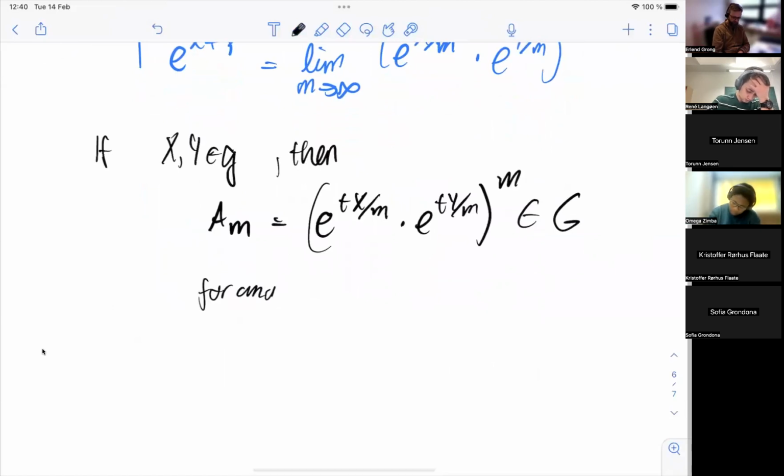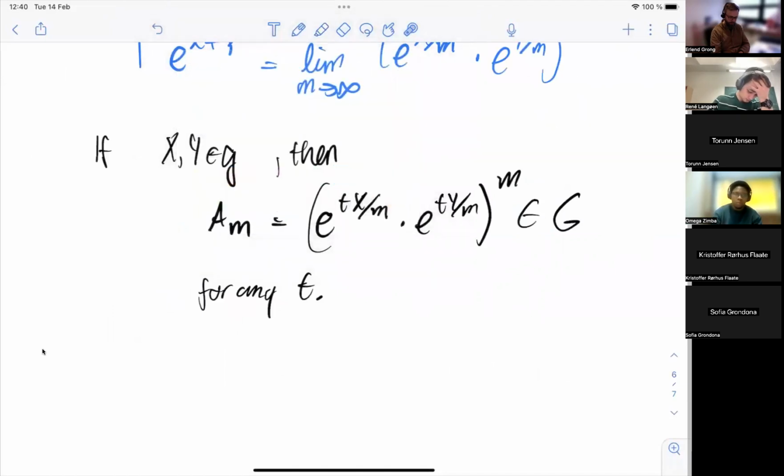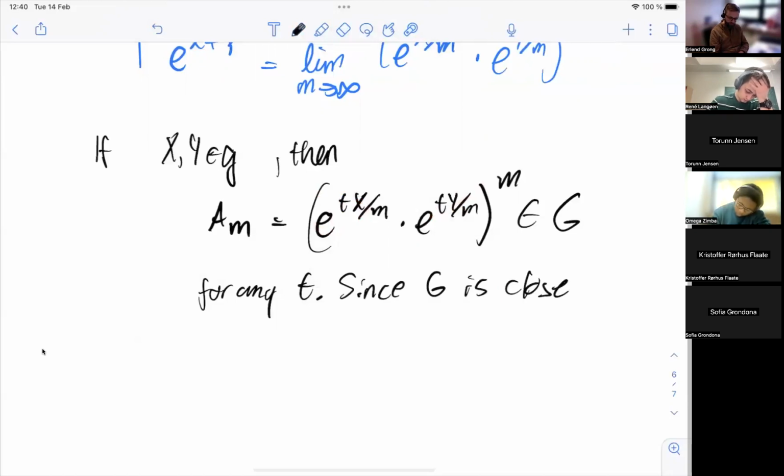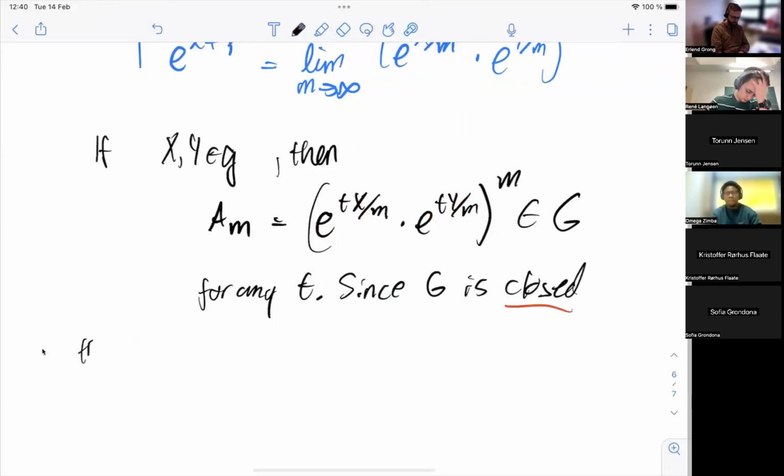This holds for any t, because x was in the Lie algebra, so all of these should be in the group, and all of these should be in the group, and the group is closed under multiplication. And I should be able to multiply them as many times as I want. And then since G is closed, here we're going to use this closedness assumption again. Some of you wondered why in the beginning we'd have it.